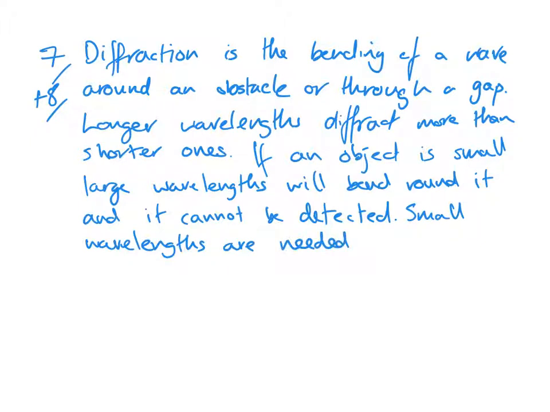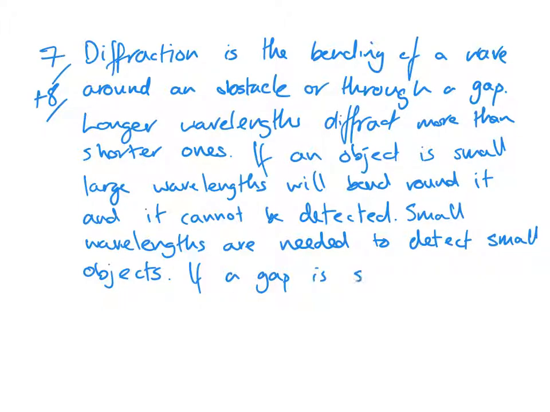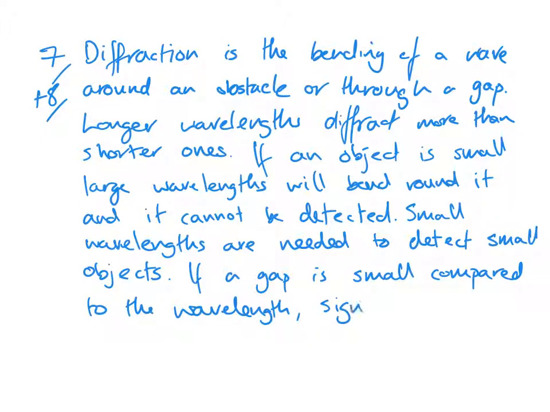So small wavelengths are needed to detect small objects. And the last wee bit, if a gap is small compared to the wavelength, significant diffraction occurs.